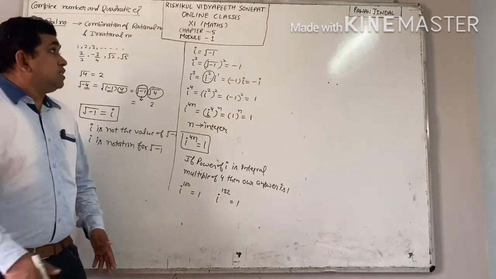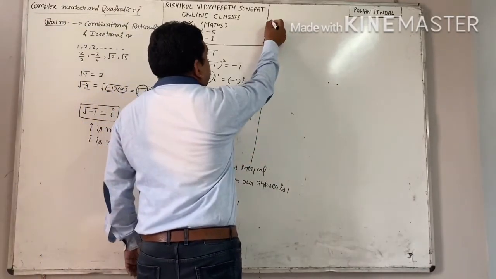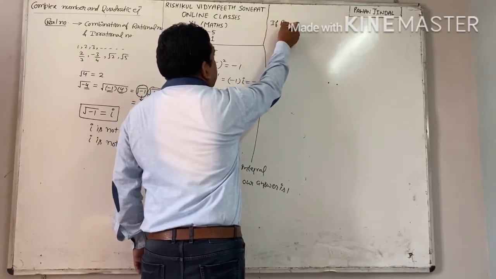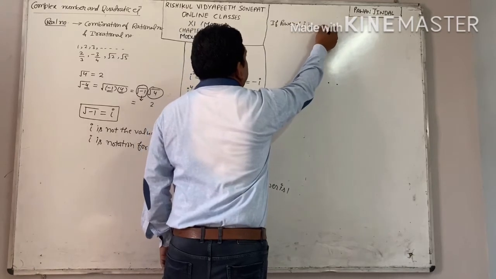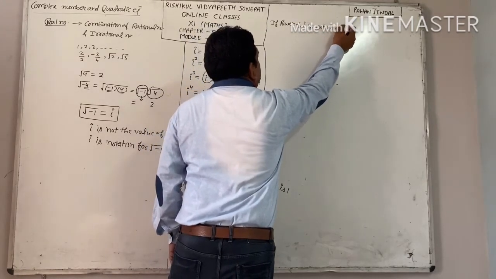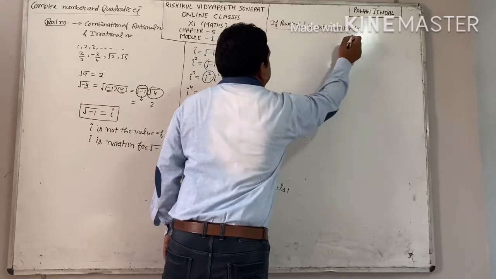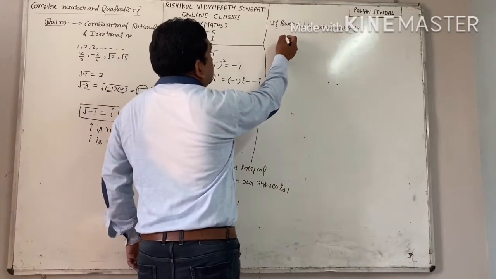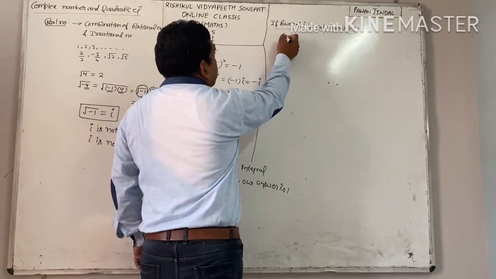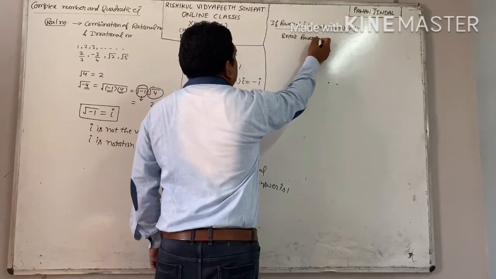Now the question arises, if power of iota is not a multiple of 4, then how will you find out the value? Now students, you have to do one thing. Break the power into two parts.